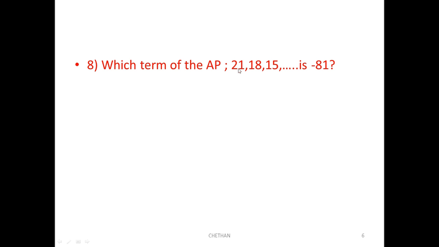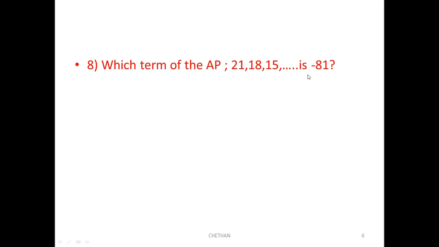Here a is equal to 21, the first term, and the common difference we find by subtracting 18 minus 21. Here the numbers are decreasing, so the common difference becomes a negative value. They have given minus 81, so we have to take the last term, that means an is minus 81.